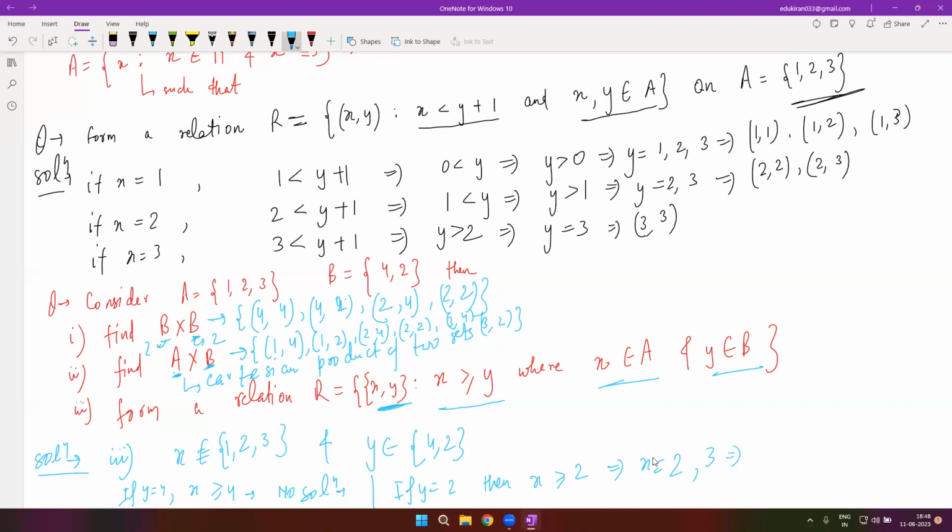So the solution should be in the form of (x, y). So there is (2, 2), then another value of x, which is 3, with the same value of y, 2. This is our relation: (2, 2), (3, 2).